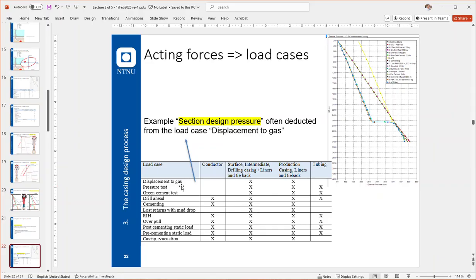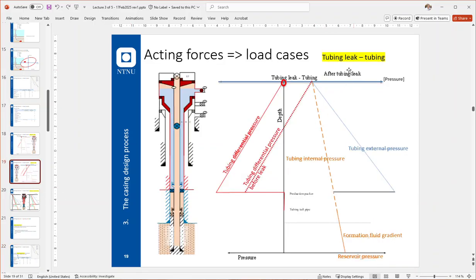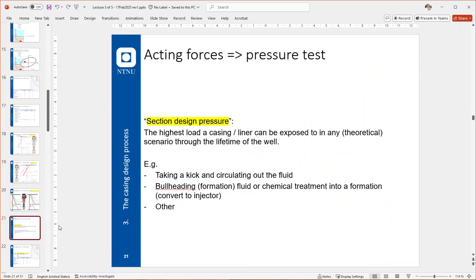So this pressure test is extremely important. It comes from displacement to gas in most cases, or as we just saw, tubing leak for the production casing would often be the case.